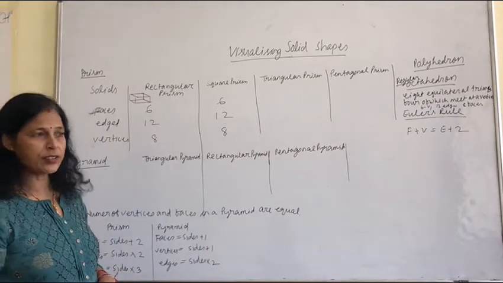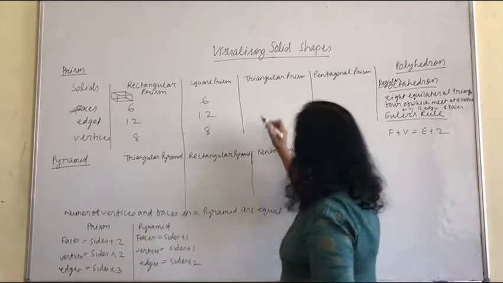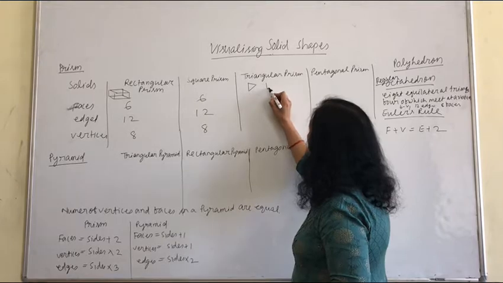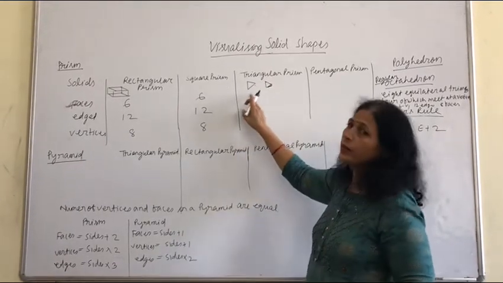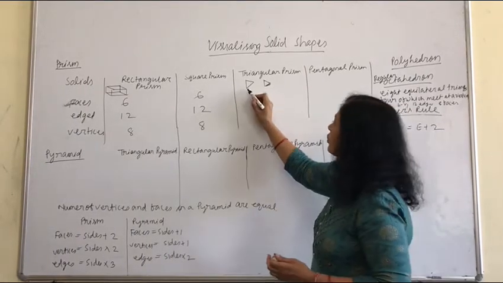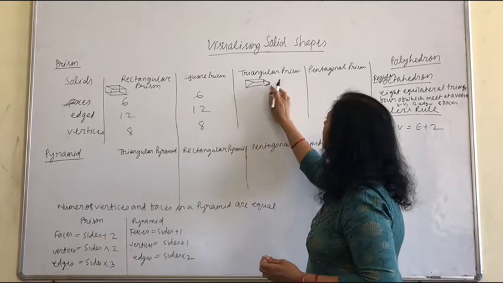Then triangular prism. First you draw a triangular prism. The top and bottom both have the same congruent triangles. So you join both the vertices.